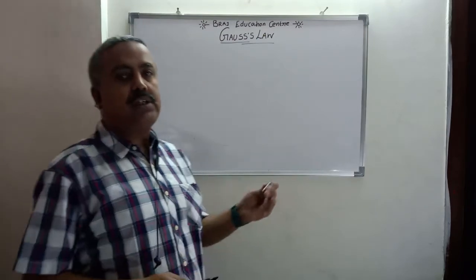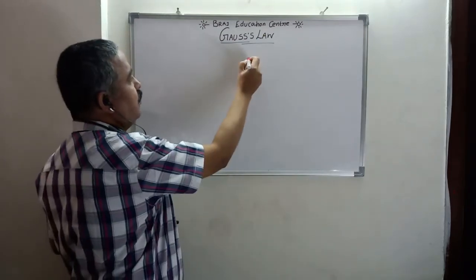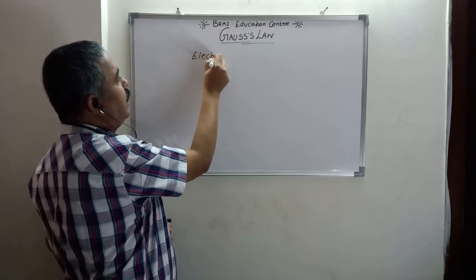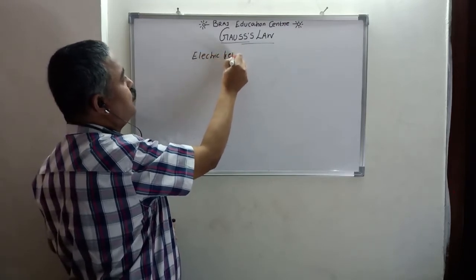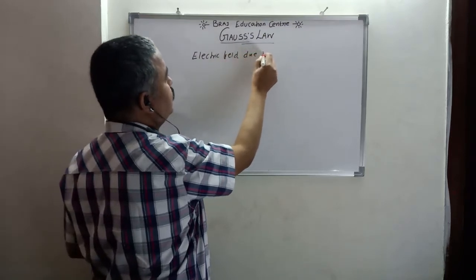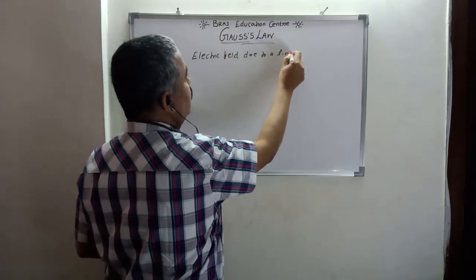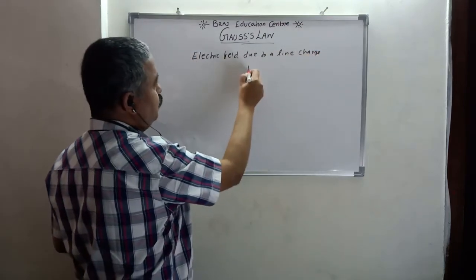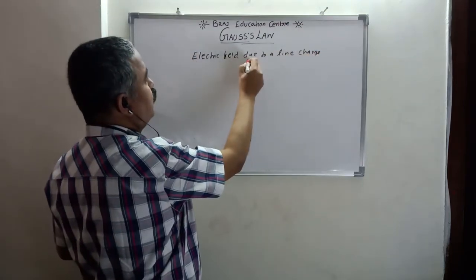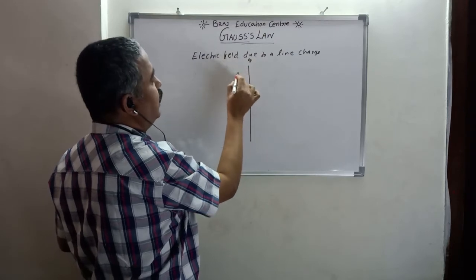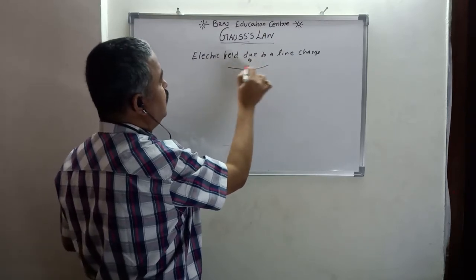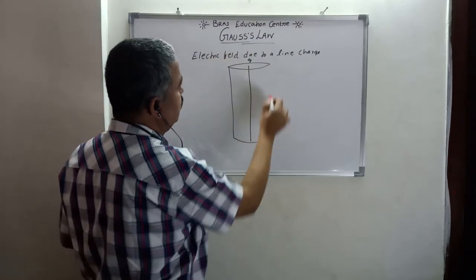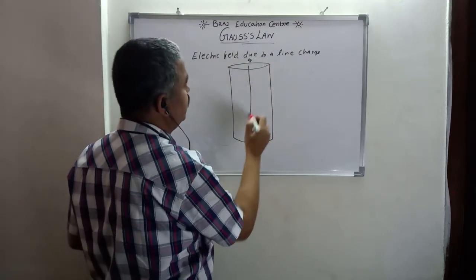So first application we'll do today is for a line charge. So using Gauss's theorem, we'll be finding electric field due to a line charge. So line charge means we have a straight body having a uniform charge Q, and as we discussed just now, the Gaussian surface imagined is a cylinder.